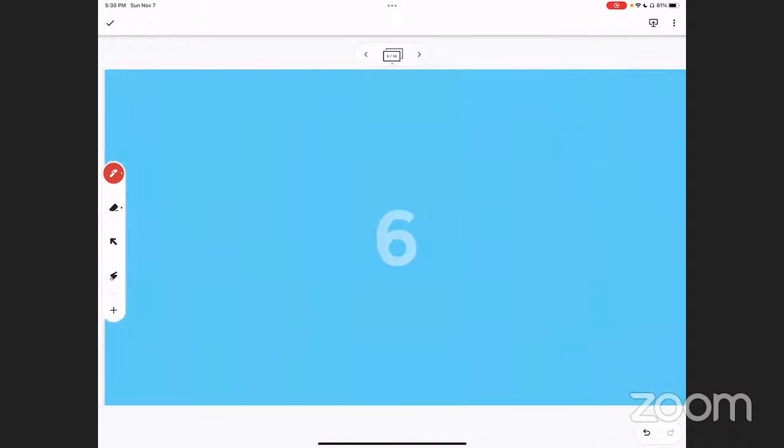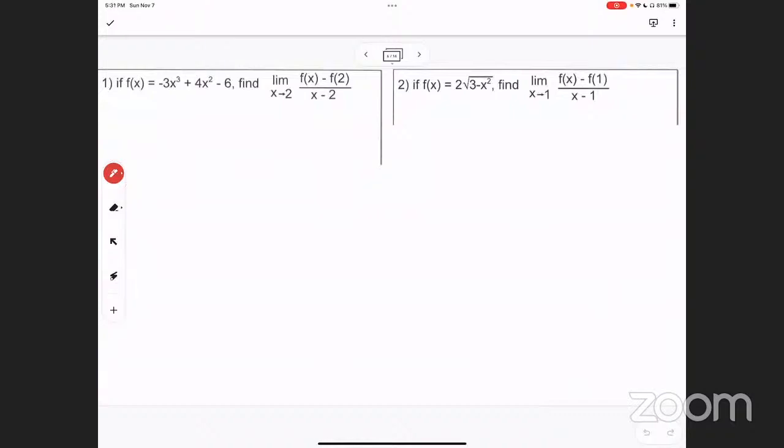Yeah. That might possibly be what they meant. Next page, if f of x equals that, find the limit as x goes to 2. All right, so now we're actually doing derivatives. This is the definition of a derivative. A derivative is basically finding the limit as x approaches 2 of, do you notice how this is rise and this is run?